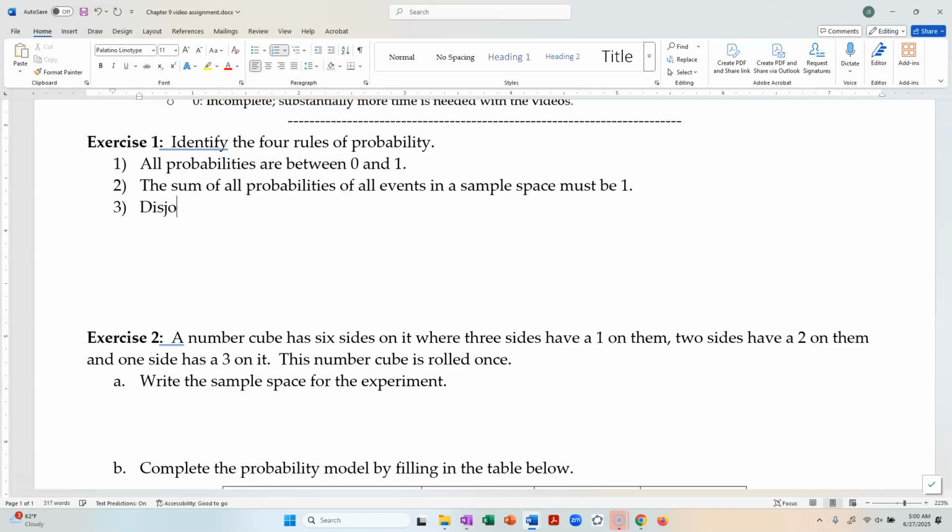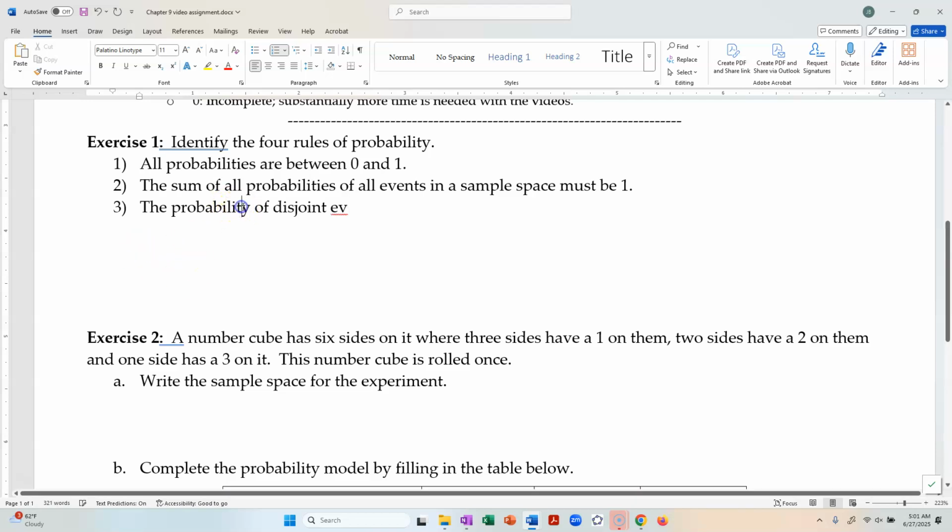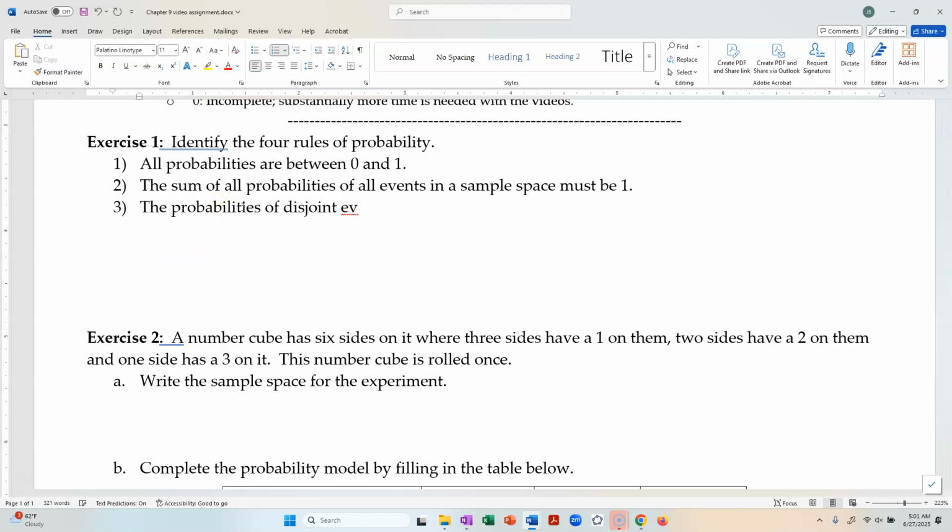So disjoint events, the probability of disjoint events. Here we go. The probabilities of disjoint events may be added.